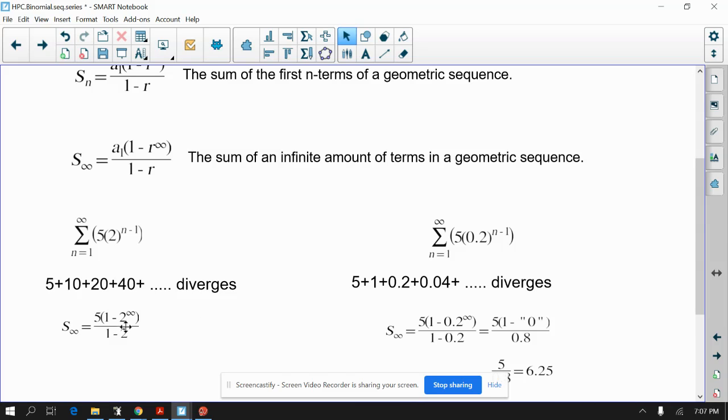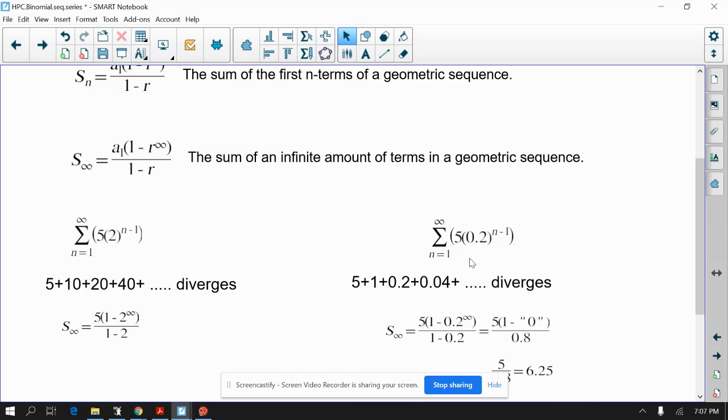We have to think of it as such a large number that it basically is infinity itself. And when you have 1 minus infinity, this sounds weird, but that gives you negative infinity. You're multiplying that by 5, and you're dividing it by -1. So the end result is just infinity, because you're taking a negative divided by a negative.